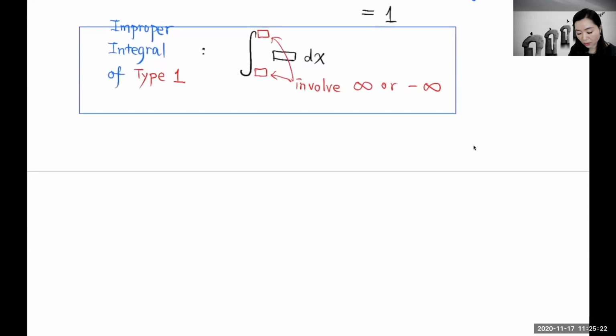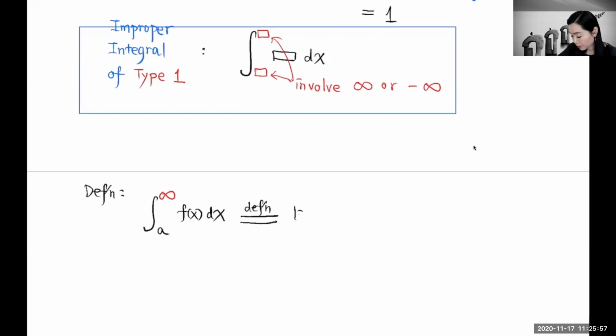Okay. So what happened over here? Now we have this definition. So this integral, say the upper limit here is infinity, then we're going to define it this way. That is going to be the limit of this proper integral.